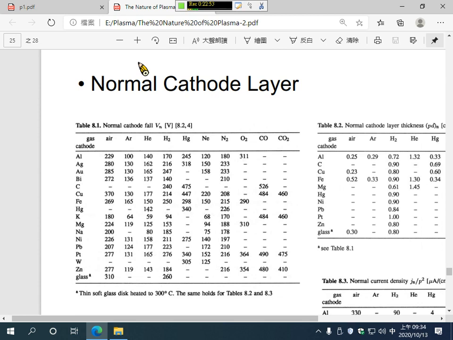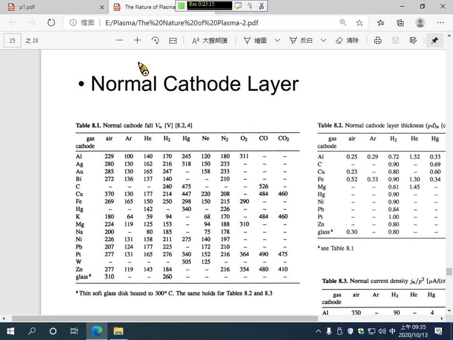So in a normal glow discharge system, we can see the cathode fall, the values of the normal cathode fall. In this table, the rows show different cases, and the column shows the materials for the cathode.